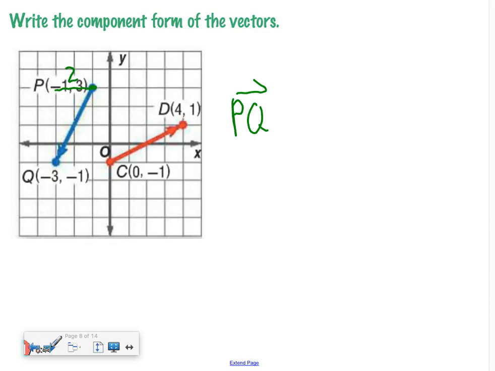But if I went to the left, positive or negative? Negative. And how far down? 4, but since I went down, it's negative 4. So we're just finding how to get from where you start to where you end.